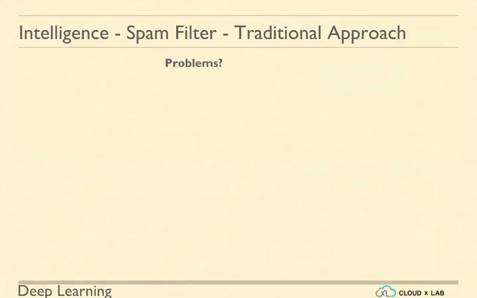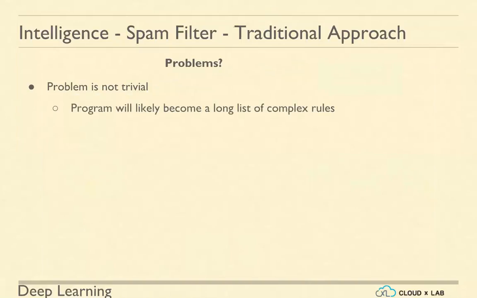So we can't write all possible rules, and you are limited by what rules we have written, right? So one, the problem is not trivial. The list of rules could go really lengthy, and at the end of the day, you will have this long list of complex rules, which will be pretty hard to maintain.